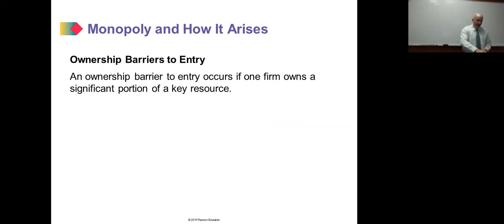Now, an ownership barrier to entry. If one firm owns a significant portion of a key resource, think of an example of this. Who's heard of De Beers, the diamond company?